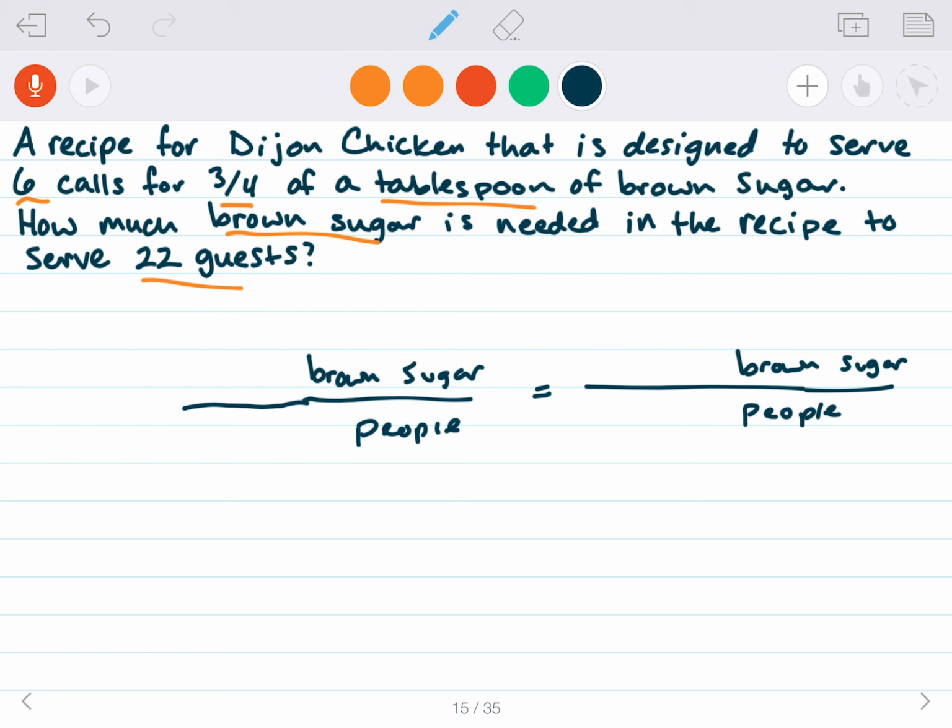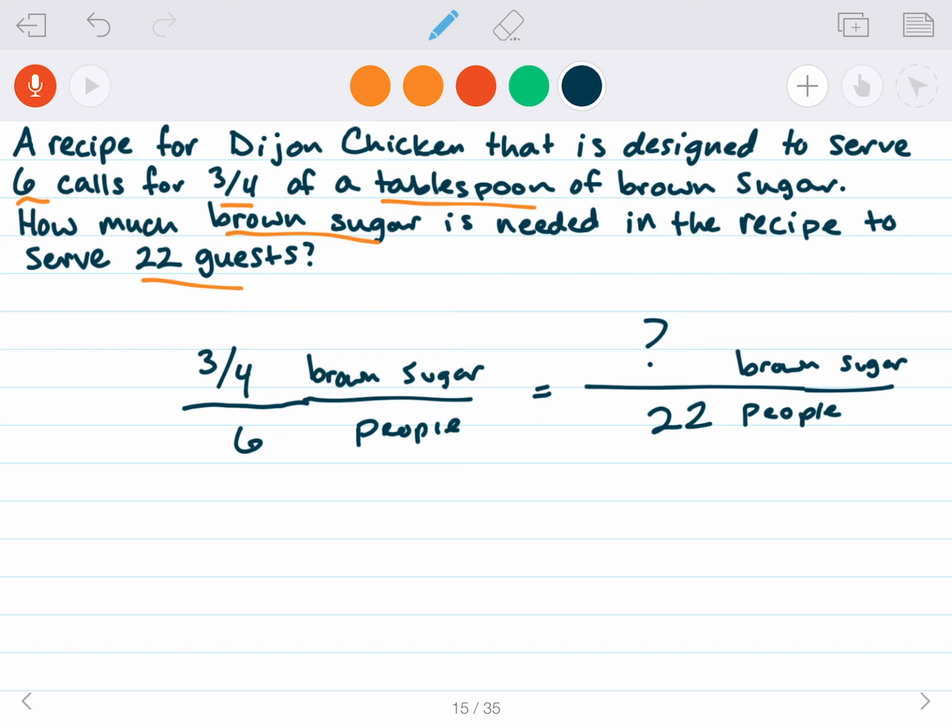Okay, so the first sentence tells us that there are 6 people to every 3/4 tablespoon of brown sugar. So 3/4 brown sugar to 6 people. So we're looking for how much, question mark, brown sugar for 22 people.